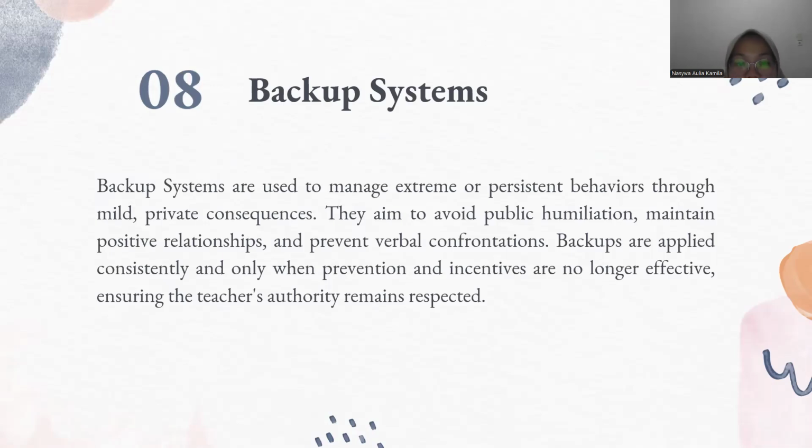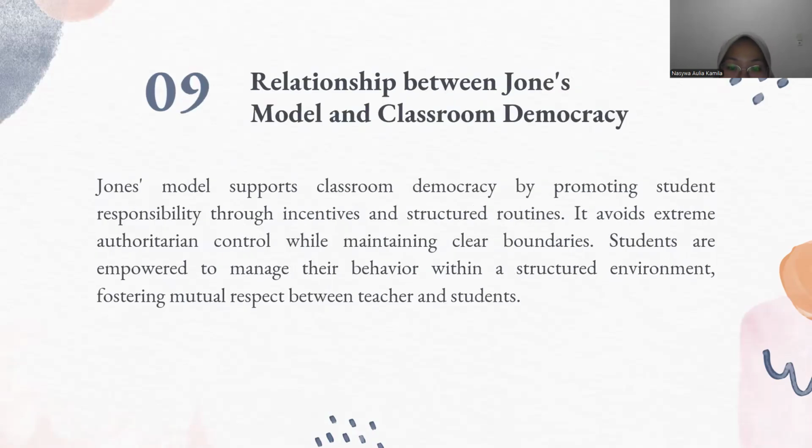So now, let's see how Jones' ideas support a democratic classroom. The next is about the relationship with classroom democracy. Jones' model builds a classroom that is structured but empowering. Students are given clear rules and routines, but also opportunities to make good choices and take responsibility for their actions.